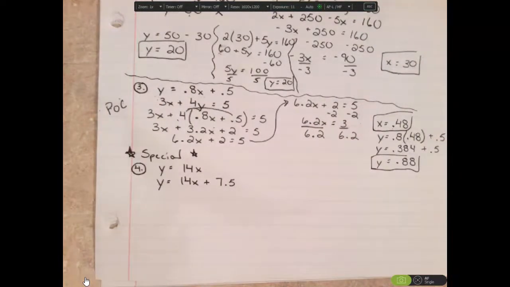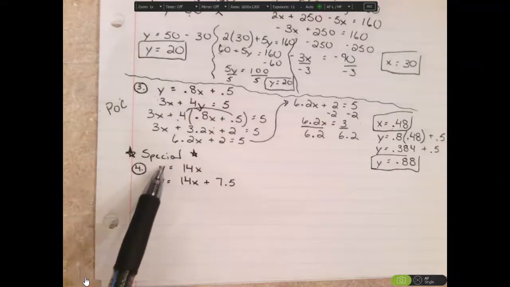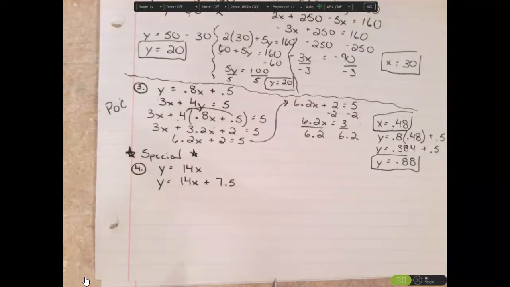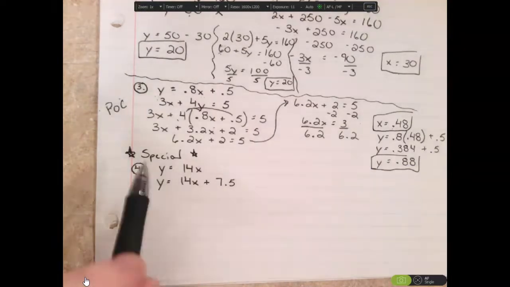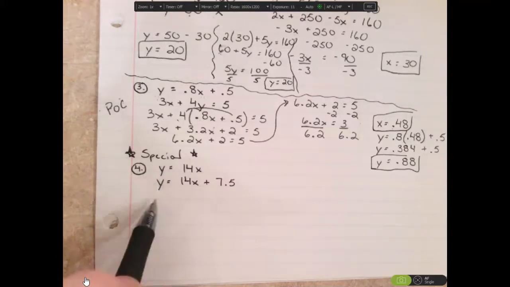On this type of problem, I have y equals 14x, and I have y equals 14x plus 7.5. Again, we're working with substitution. Notice how both of these problems are already set up as y equals. So I'm good there. I don't need to get a variable by itself because I already have two of them.